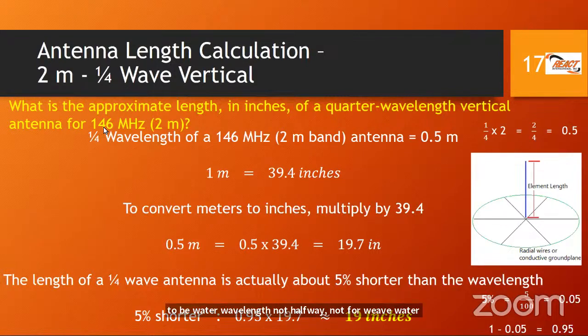But what frequency? So anytime we talk about wavelength, it has to be related to a frequency, because to say something has a wavelength without specifying what the frequency is kind of meaningless. We need to know what that frequency is. And when we know what the frequency is, then we could figure out the wavelength, or in this case the antenna length for that particular frequency.